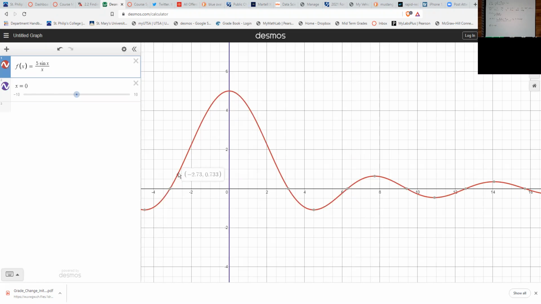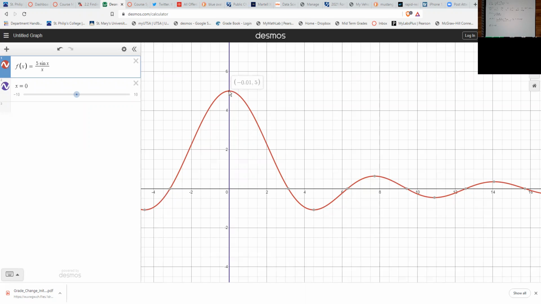From the left side, what are the y values of f of x approaching as I get closer and closer to x equals 0? Approaching 5. And from the right, is it the same? Yes. Since they are the same, the limit exists and it's equal to 5.